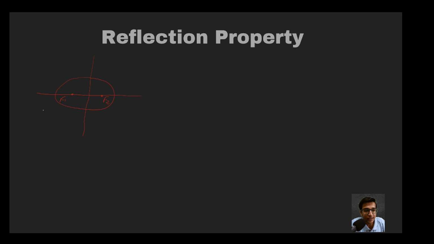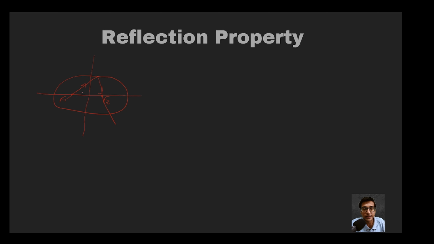Let us say a line is passing through this focus. This is our ellipse. And we are saying that it can reflect from the inner side of an ellipse. Then that line after reflection would pass through the other focus. So this is our reflection property and nothing else.